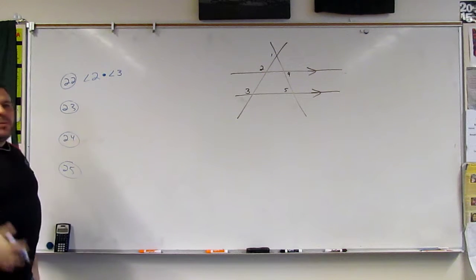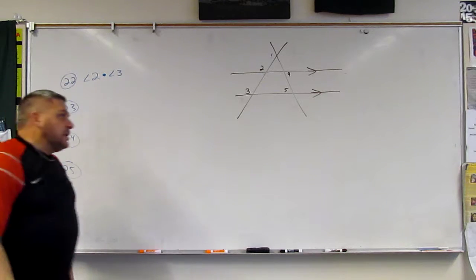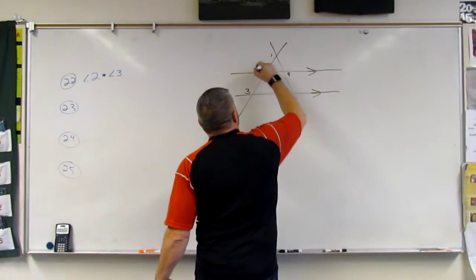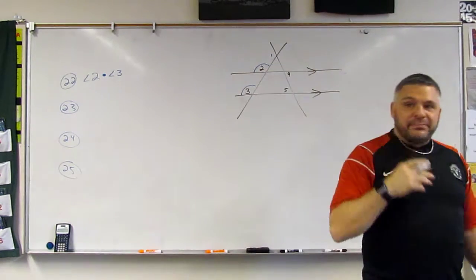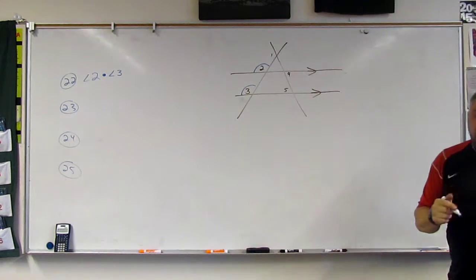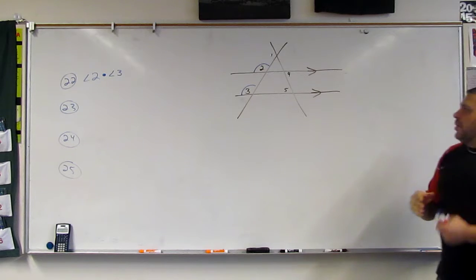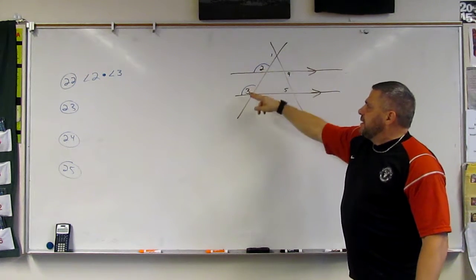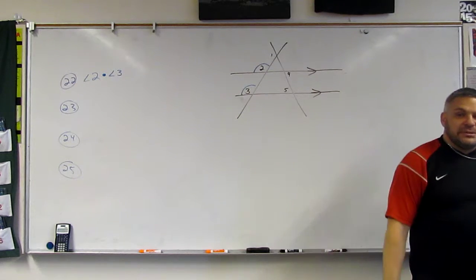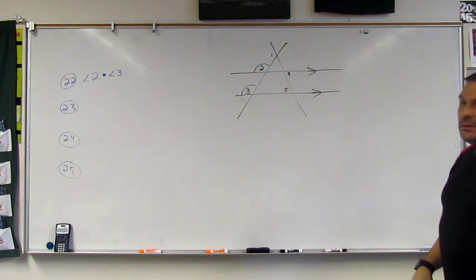Okay? What are they? So we're talking about angle 2 and angle 3. What are these? Kalia, since you're talking, what are these? Angles 2 and 3. I don't know. Yes, you do. We talked about this. Wait, say it again.